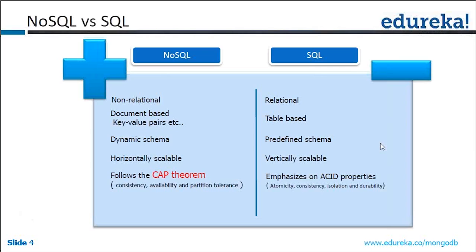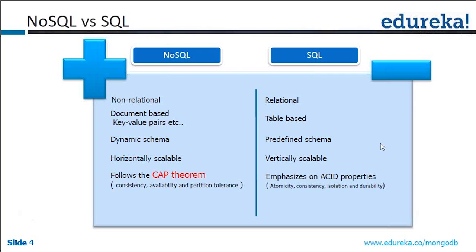To start with, NoSQL versus SQL. Probably you all know we have come from the RDBMS world. We have been using conventional databases, so we know their properties. They are mainly relational, and they support transactions, all ACID kind of transactions. But the NoSQL counterpart is non-relational.